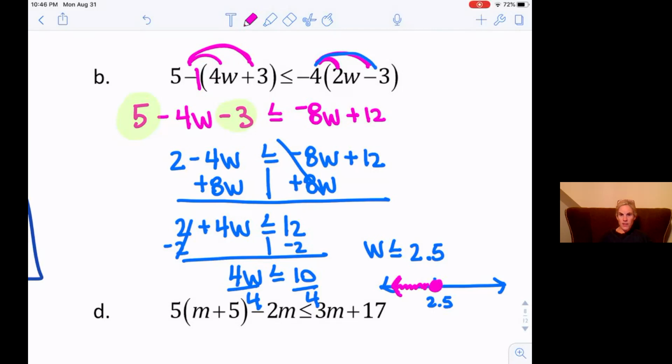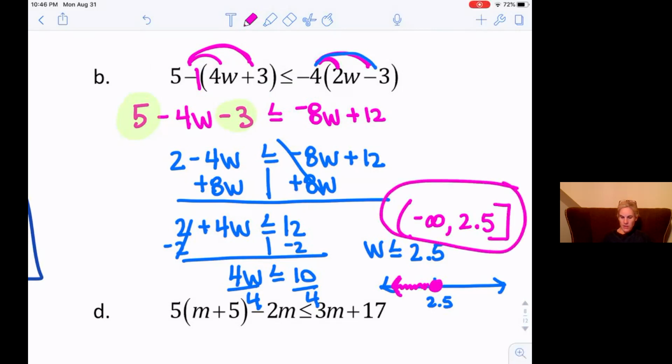We want to go from the furthest left to the furthest right. The furthest left is -infinity, comma, the furthest right is 2.5. Infinity always gets parentheses. The 2.5 is being included, so I am going to put a bracket around it. And that would be our answer in interval notation.